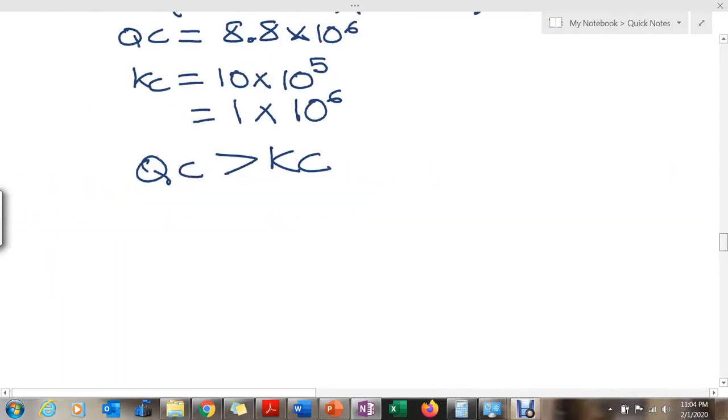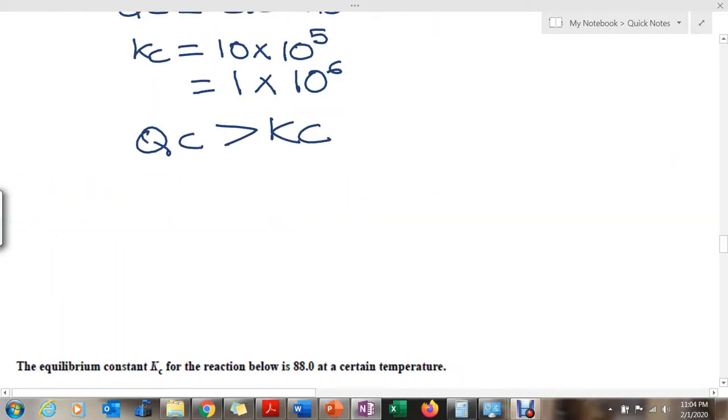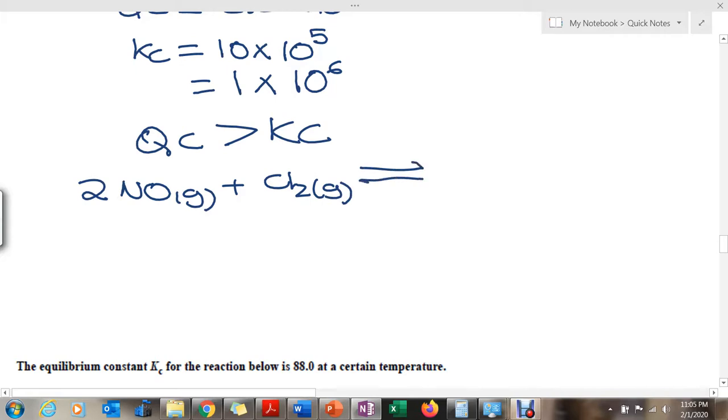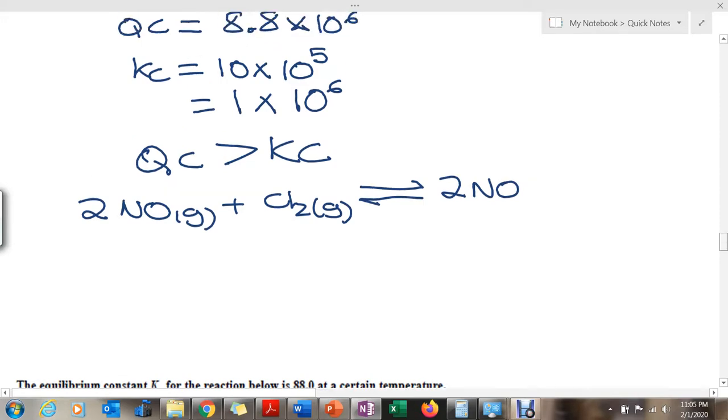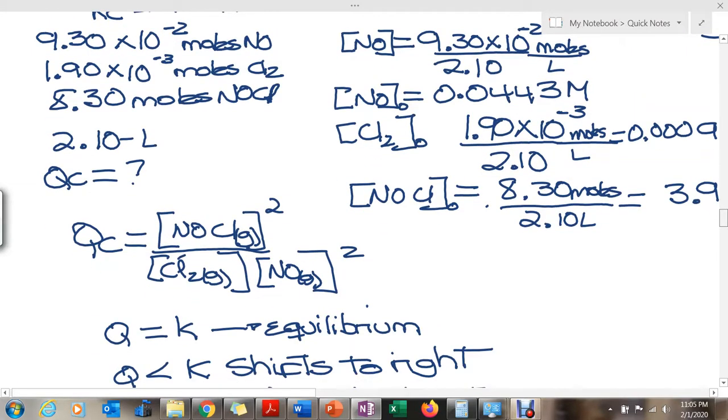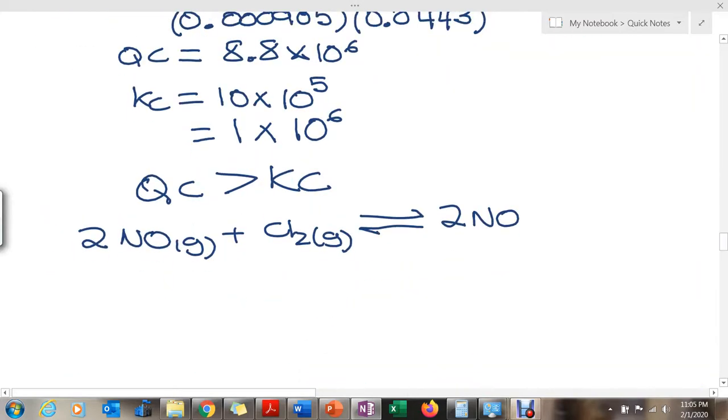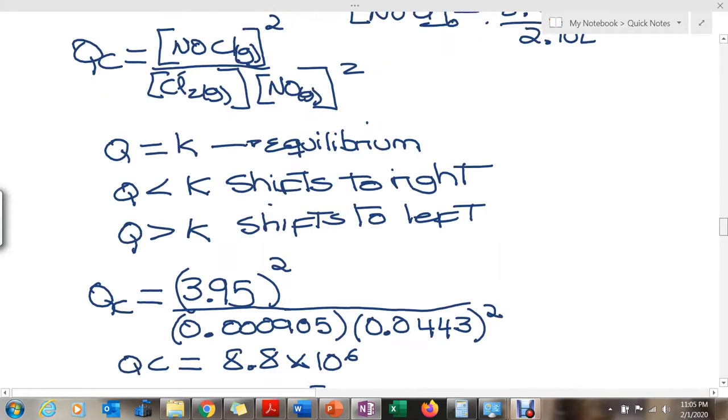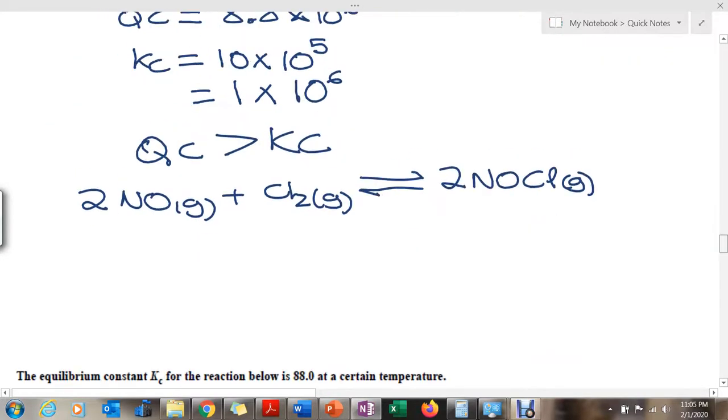Okay, so you got the reaction here and the procedure. 2NO gas plus Cl2 gas is in equilibrium with 2NOCl gas.